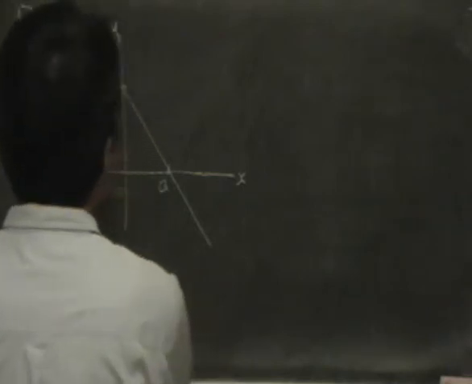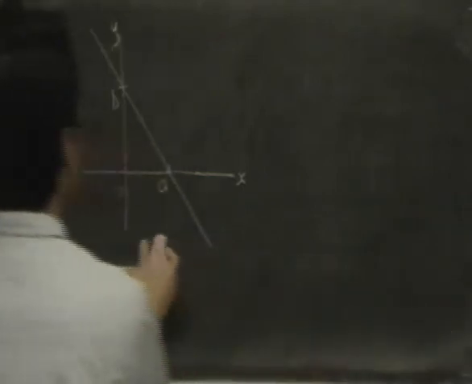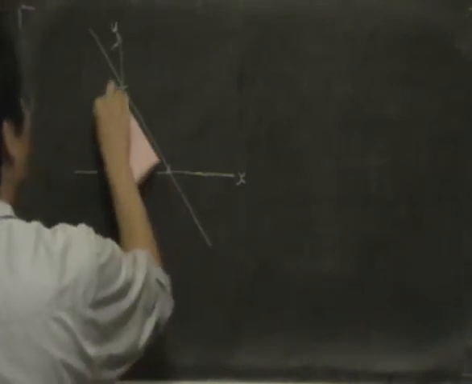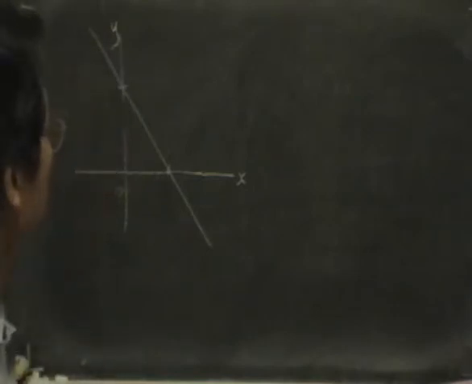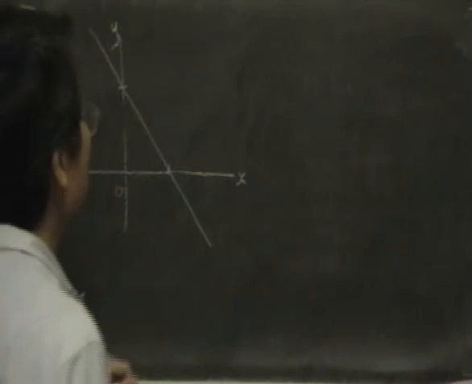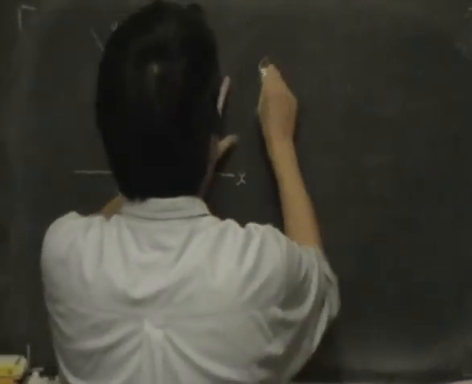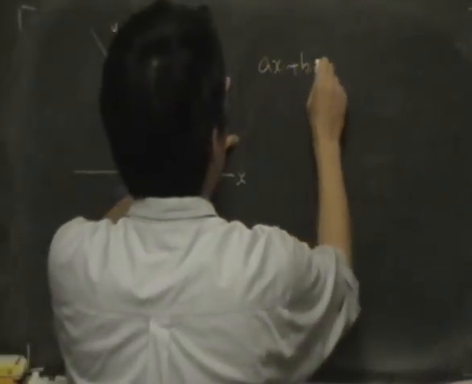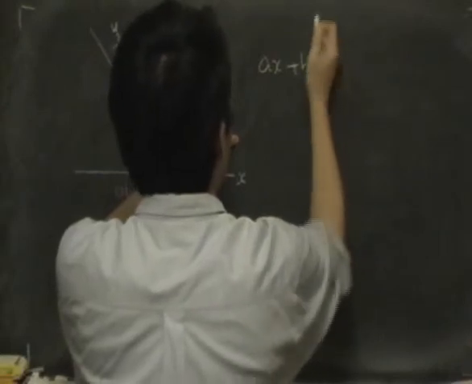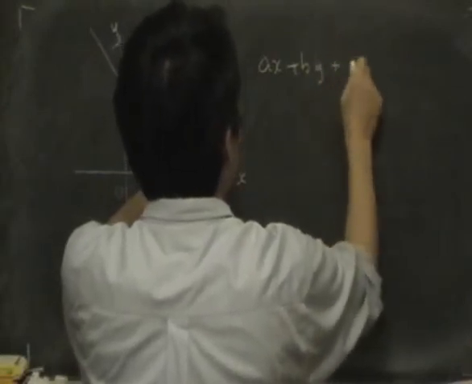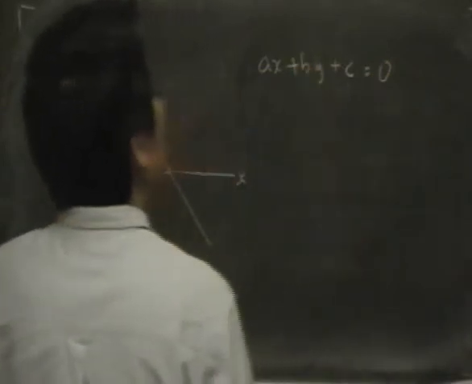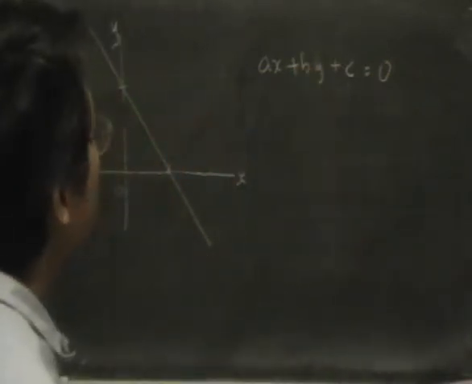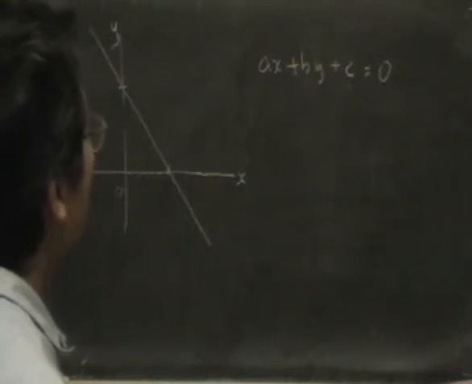Now another form that is also used sometimes is ax plus by plus c equals 0.